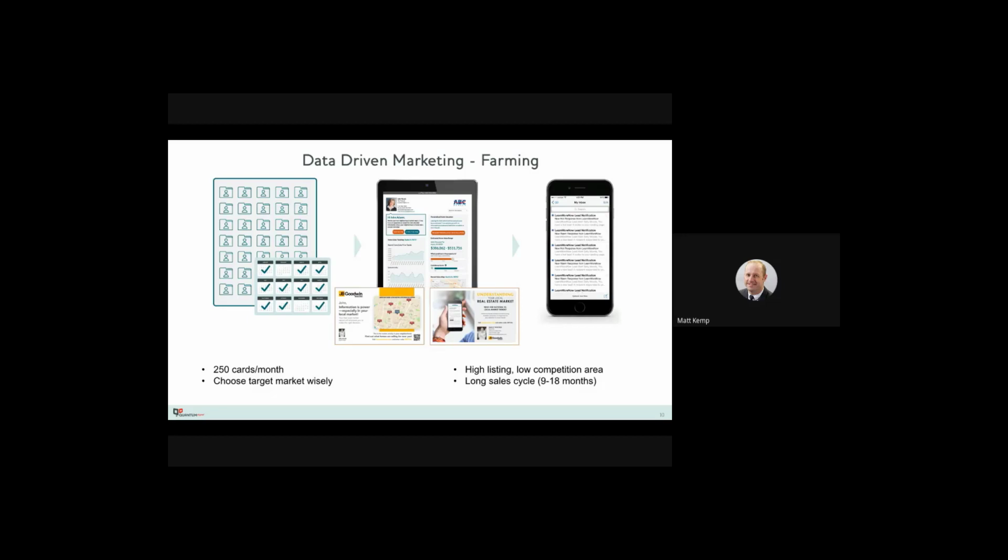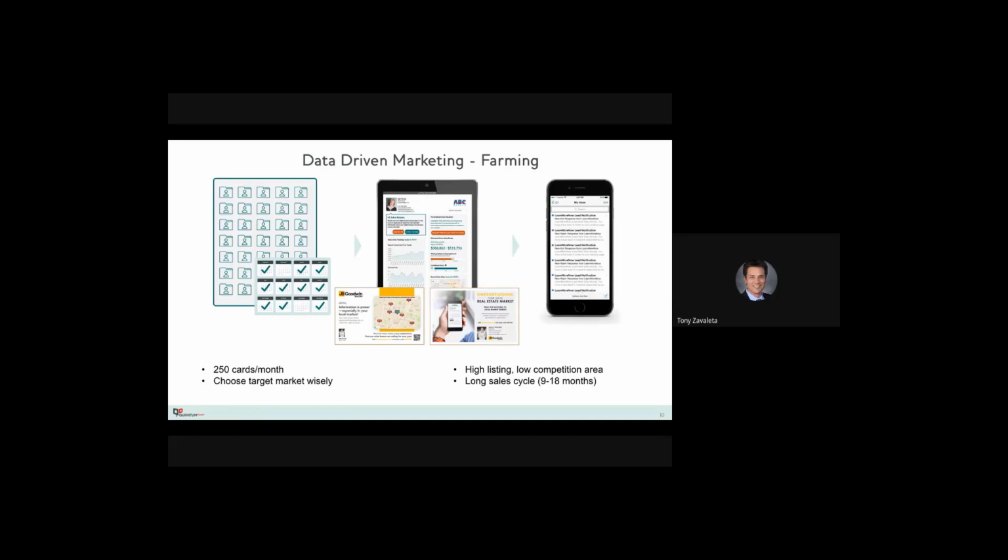You can either use the exact series that we have, or you can mix and match. You're also able to edit the text on the front and back. So if you want something very specific to, say, my neighborhood, Cambridge Estates, you're able to have very specific Cambridge Estates messaging on there.